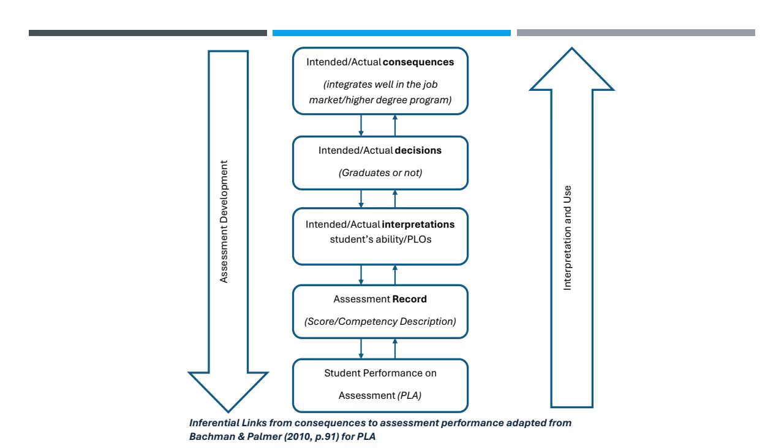Another level of inference is involved, and that's what we call consequences. Some of them are intended, and some are unintended, but they keep happening. When we decide that they get the degree, anyone looking at that degree says, okay, this graduate is ready to integrate well into the job market or pursue higher education studies.